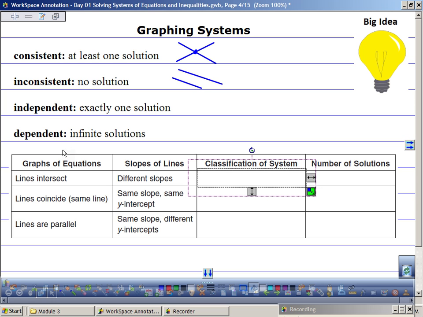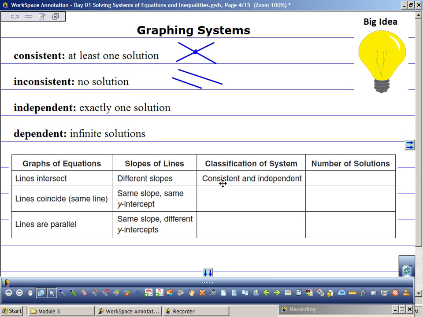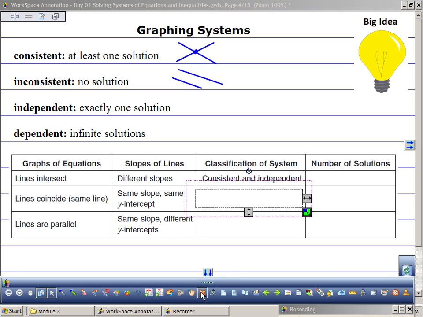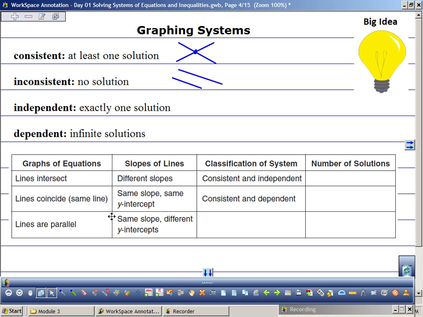Consistent, independent, or dependent? So consistent and independent. What about a same line? What would be its classification? Same line. Consistent and dependent.